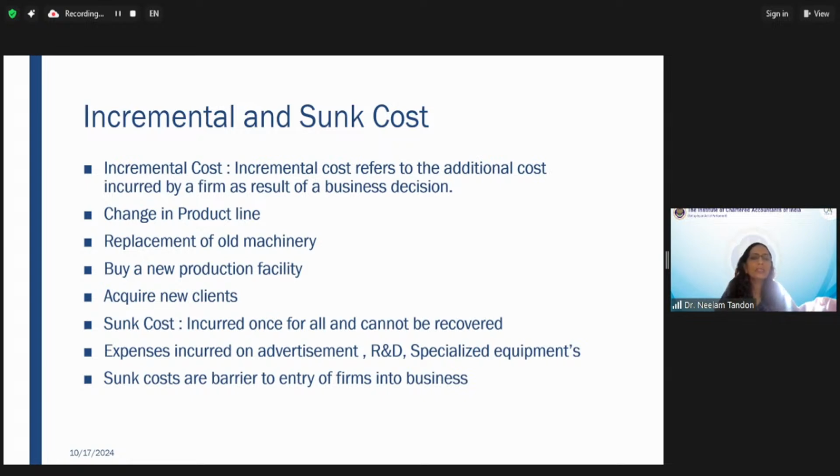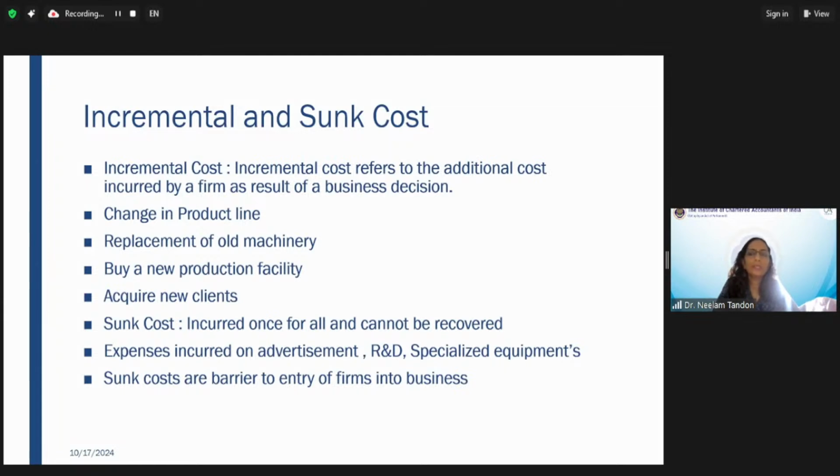Somebody asked whether replacement of old machinery is sunk cost and incremental cost also. See, incremental cost is when you improve the existing machinery and make it more efficient. For example, you have a PC and you incorporate some software which can make your PC more efficient. That's incremental cost.